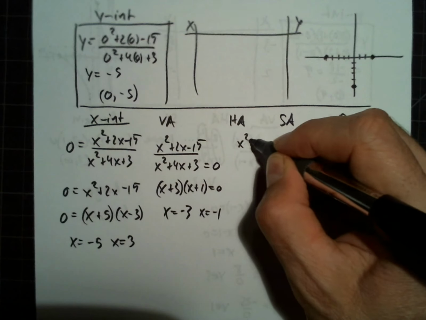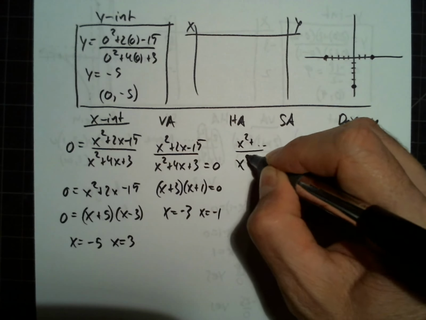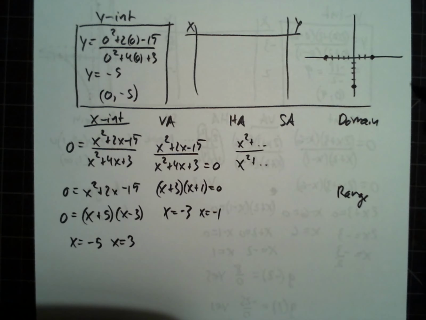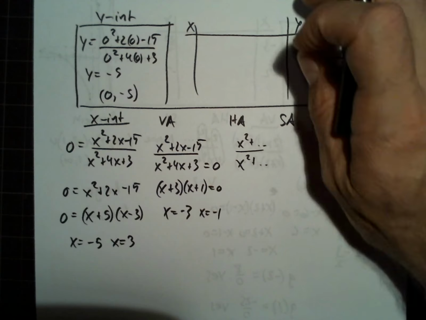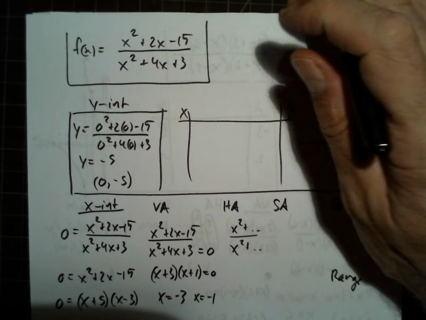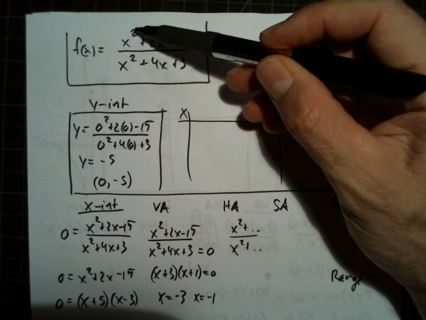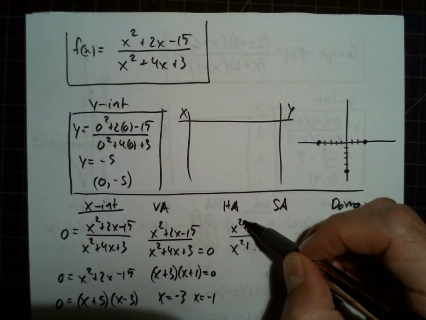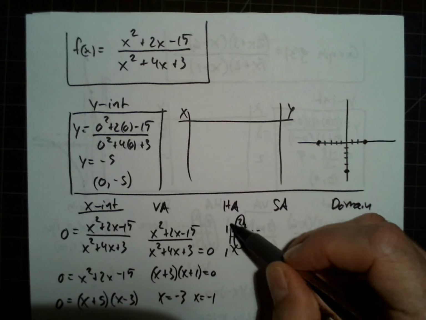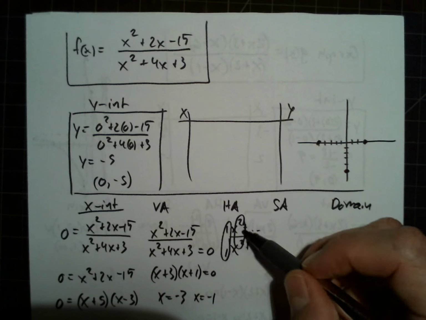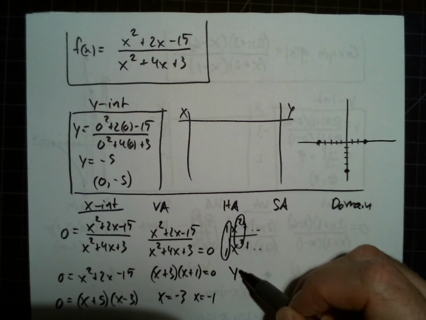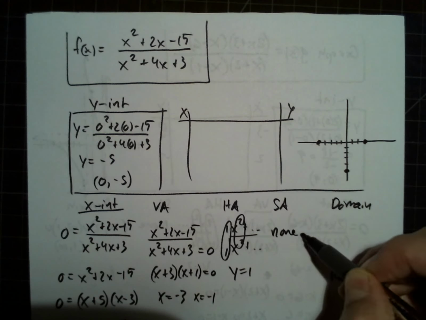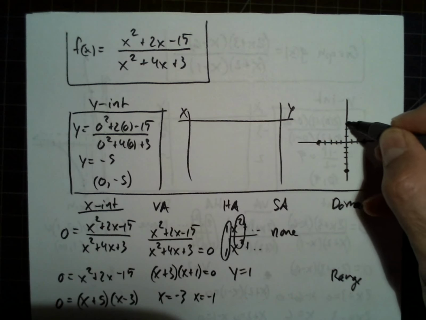Horizontal asymptote, all we look at are the leading terms, and we're looking at the exponents. They are equal, so we take their coefficients, and we get y equals 1. And there's no slant asymptote.